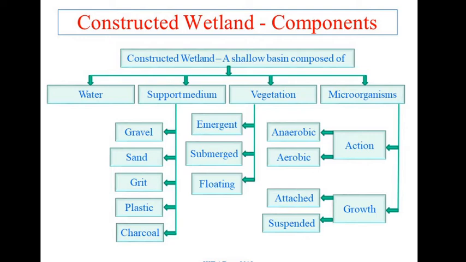What are the components of the constructed wetlands? A constructed wetland is nothing but a shallow basin with wetland plants. It's a simple concept: excavate trenches, allow the water to settle down, and plant wetland plants.